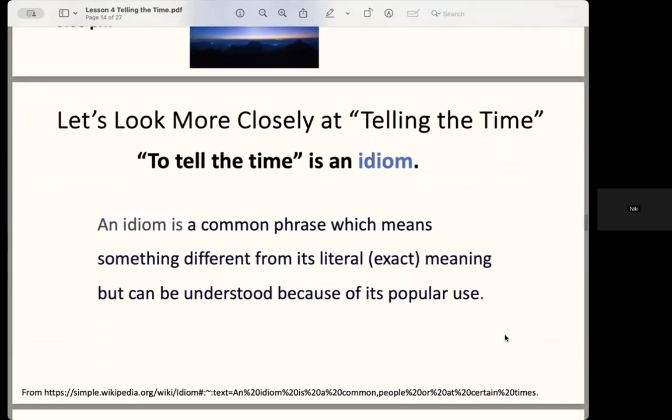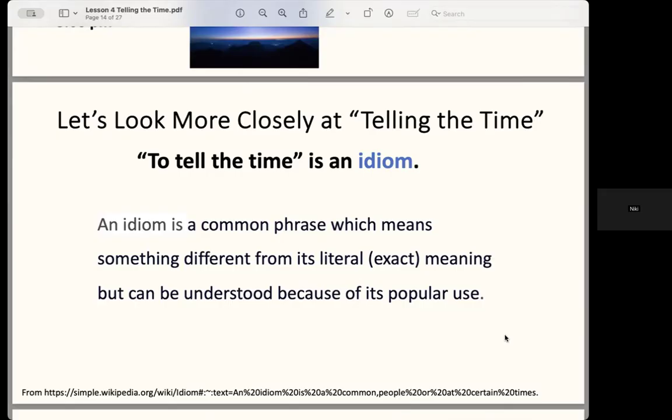So let's look more closely at telling the time. So to tell the time, it's a funny way of saying it because when we tell someone something, we're actually speaking something to someone. But we use the phrase in English to tell the time, which means to be able to understand the time, to be able to speak the time. Okay?